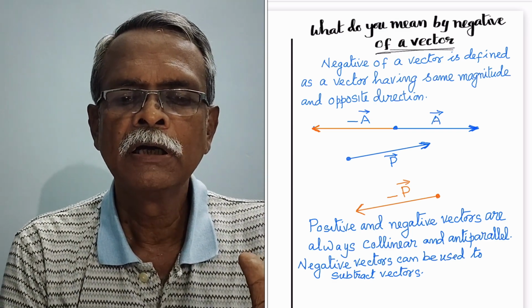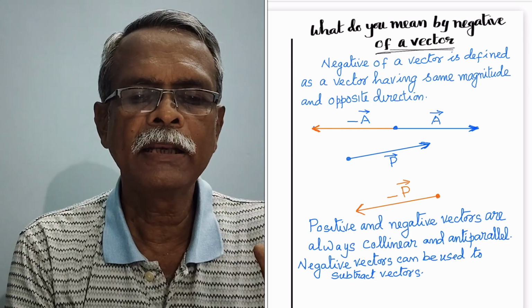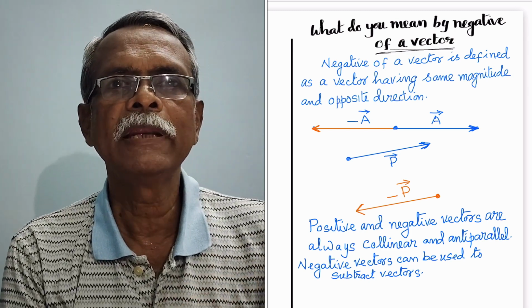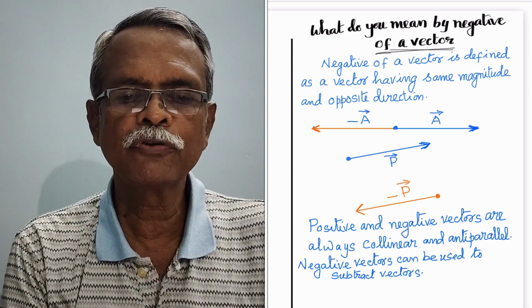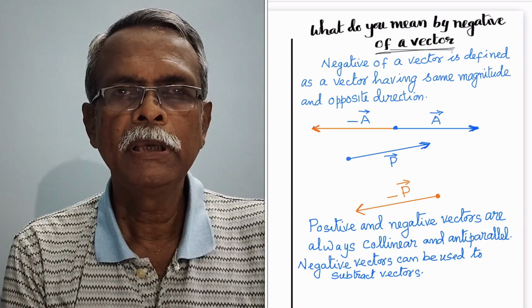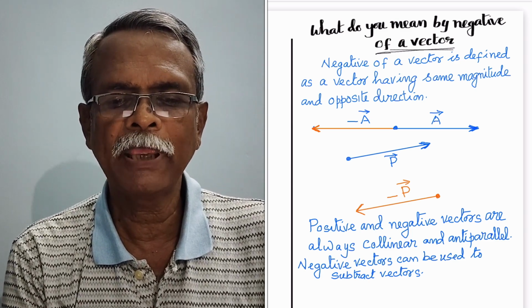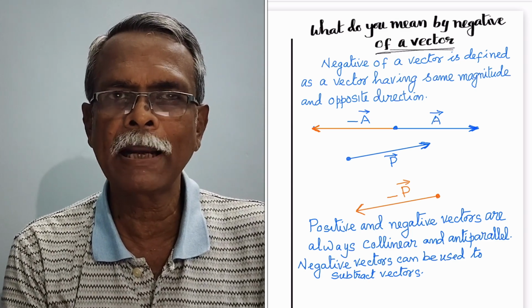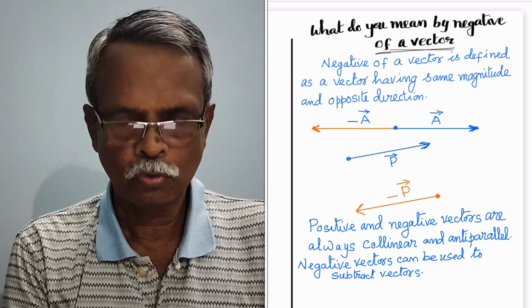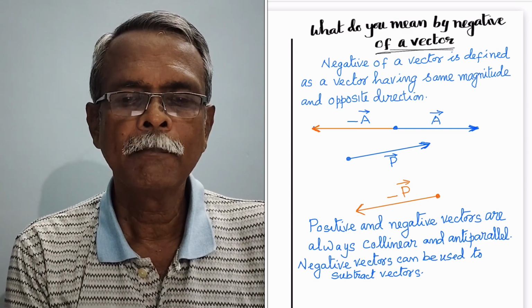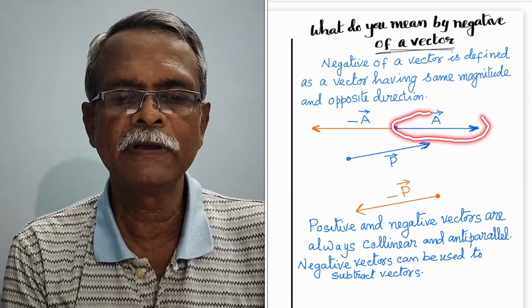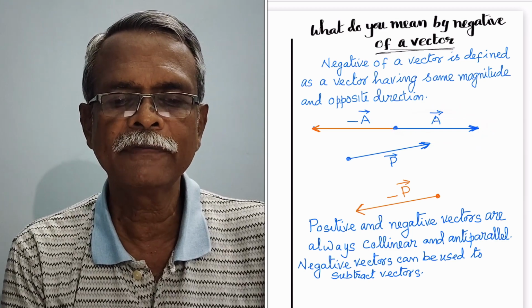This is the vector A, and then this will be vector minus A. If this is vector P, this will be vector minus P. These two are parallel, the collinear in the same line, but they are anti-parallel. This is in this direction and this vector is in this direction.